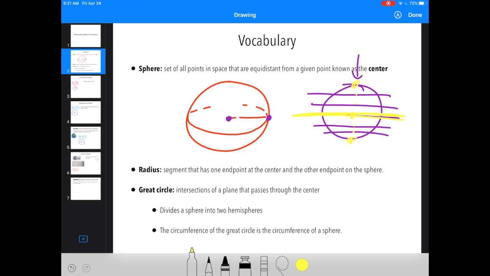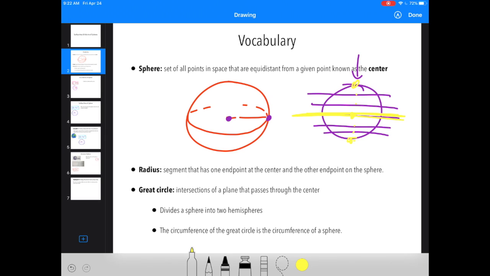None of these other planes pass through the center. Only the great circle does. And that great circle is unique because it divides a sphere into two hemispheres. So it's kind of like our equator. I also like to compare these planes to longitude and latitude. It's those different segments that identify where we're at on the globe.